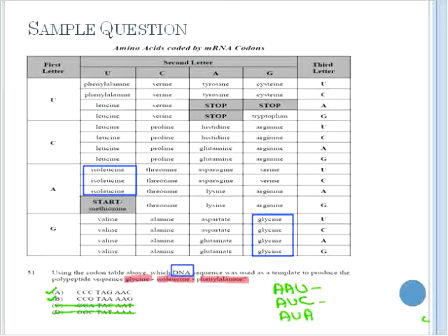The possible DNA sequences from this would be, again, T-T-A, T-A-G, or T-A-T.